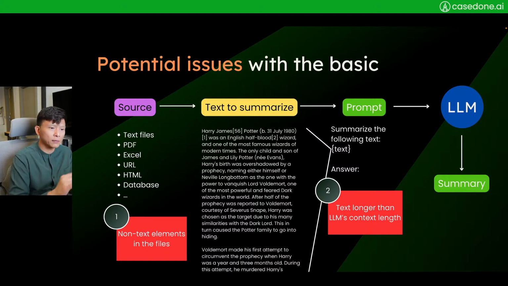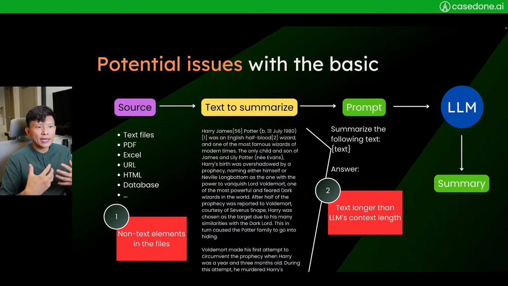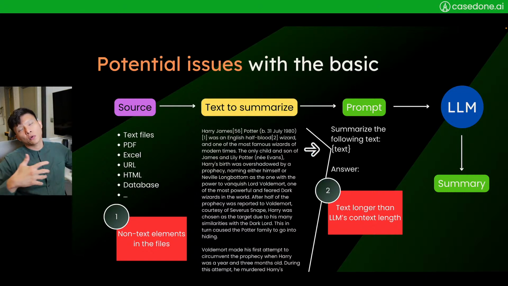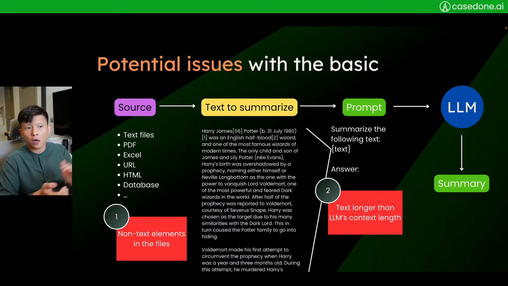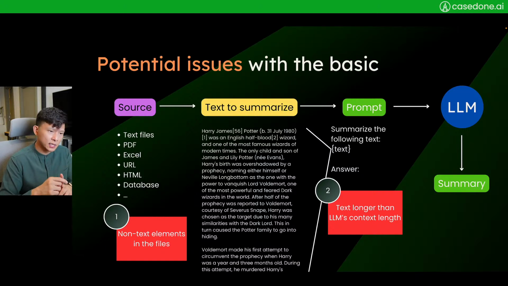You'll get an error. If you think of it as human eating, the context length of the LLM is how big the mouth of a human is in order to eat and digest the food, right? So if you have something that you want to summarize and it's too long, over the context length, what are you going to do? This is the second challenge.